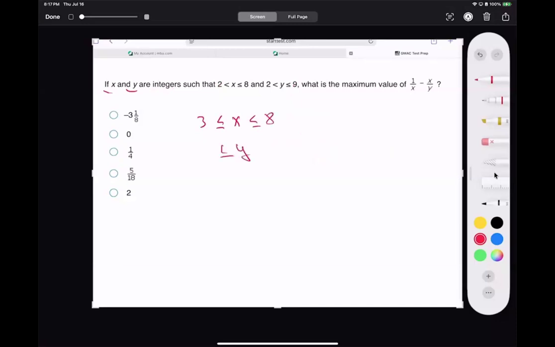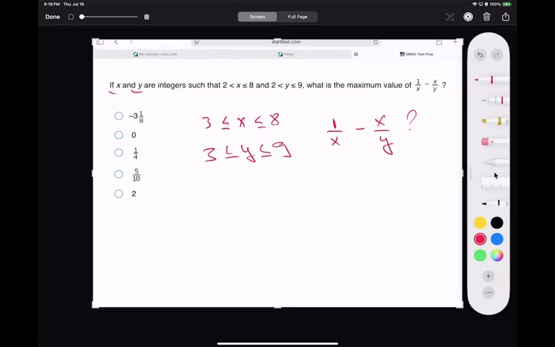And y is between 3 and 9. 1 over x minus x over y. Here I want to be the minimum, and here I want to be the maximum. Why? Because here is subtracting. Do you guys agree? So if I want x over y to be the minimum, I want x maximum and y minimum. Despite having the minimum here.